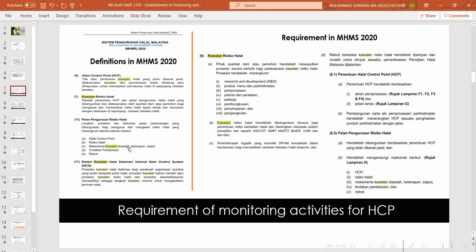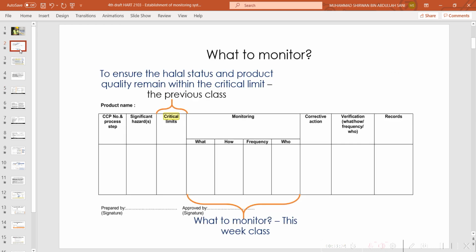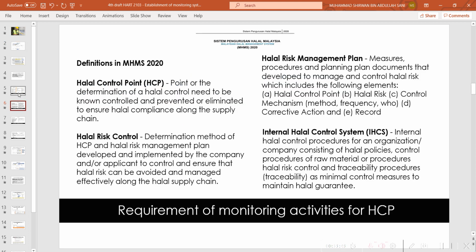In this case, usually another term that is used is monitoring mechanism. Right? So this is a requirement for any company who would like to get a halal certificate. They need to have the halal and toyyib risk management plan summary table filled in, and during the auditing by Jakim or Jain, they need to show that those HACCP that they identify in the process flow are really monitored, to ensure that the products are really halal and also toyyib. Right?